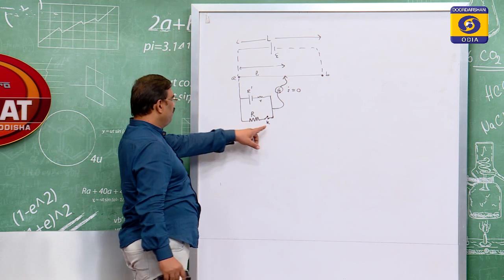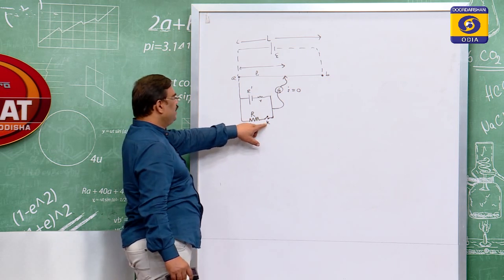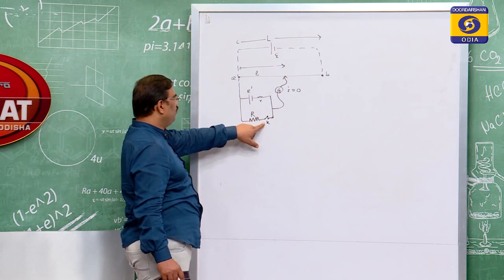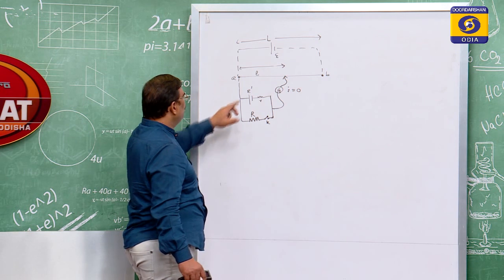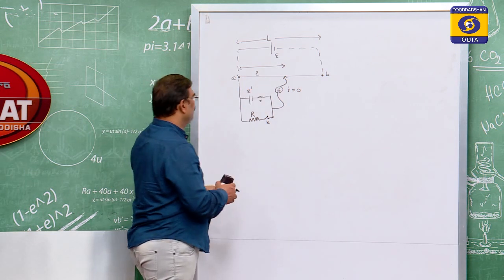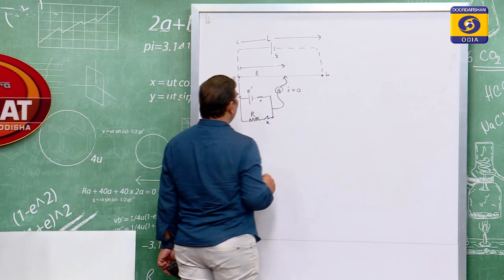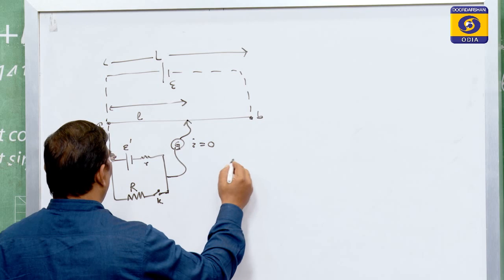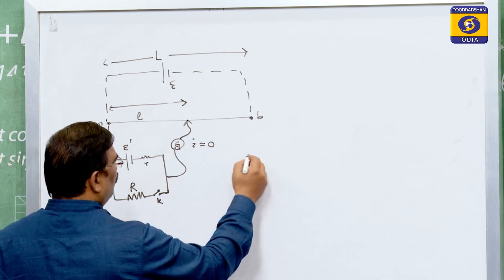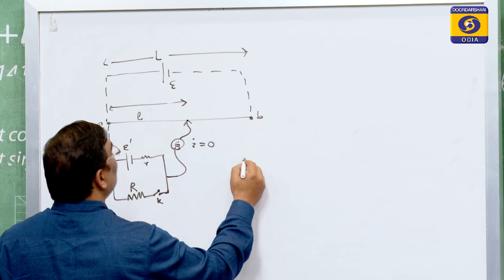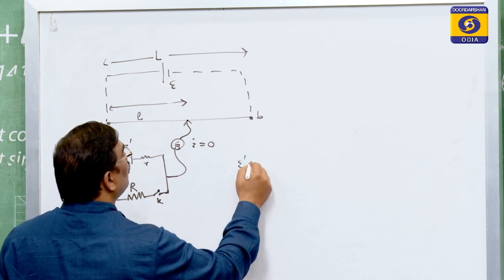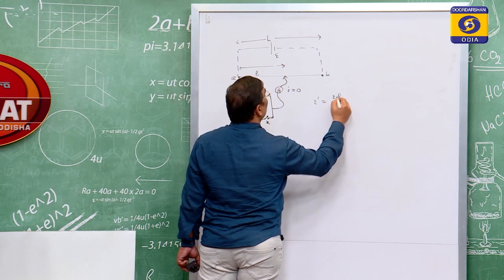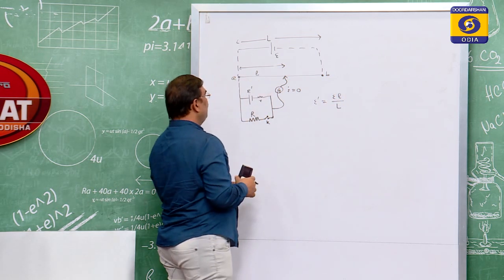Suppose this key K is open. If this key is open, then it is balancing at a length L1. If it is balancing at a length L1, then obviously we have E dash equal to E L divided by capital L. This is my formula.